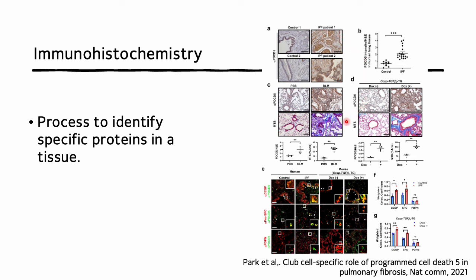Lungs are made of various structures and various tissues. Here they are talking about the club cell specific role of PDCD5, and the starting point is this immunohistochemistry. You can not only compare the amount of protein between two conditions, you can see the localization of the protein.